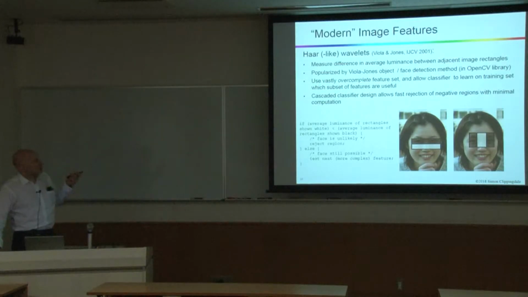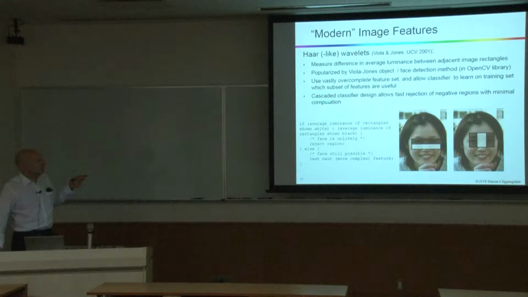It uses a vastly over-complete feature set, meaning there are more potential rectangular features like this than there are pixels in the image, and the classifier then learns which ones are good at detecting faces and which ones are not.